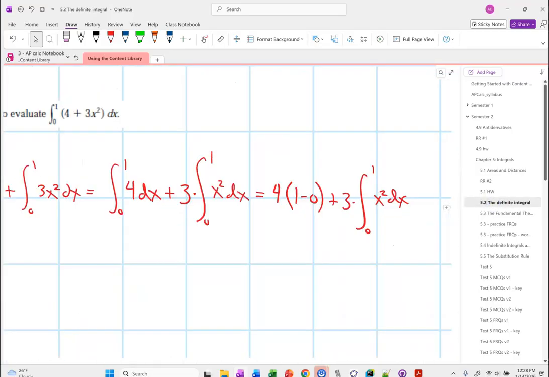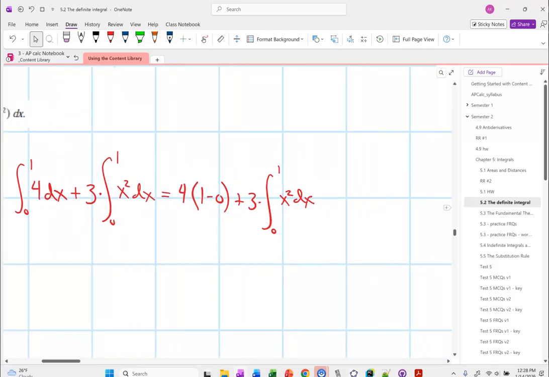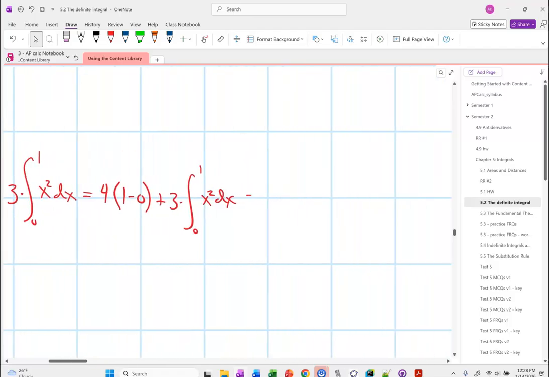In an effort to show you that limit thing again, I'm going to do that again. Is everybody okay? Because it feels like a good thing to do. So I'm going to have 4 plus 3 times the limit as n goes to infinity of the sum i equals 1 to n.